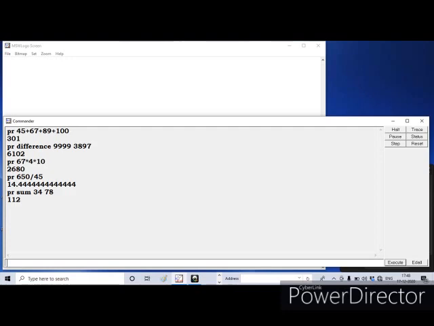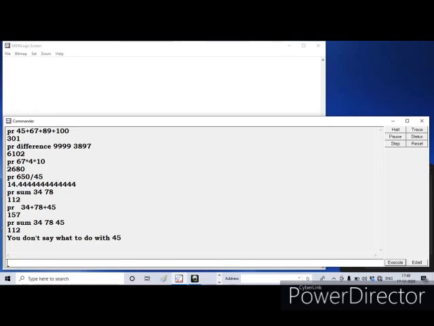Second one, print sum 34, 78 and 45. What will be the result? Print sum 34, 78, 45 returns 112 as answer and generates an error message: you don't say what to do with 45. Why is this error message generated? Because some keywords accept only two numbers as arguments.